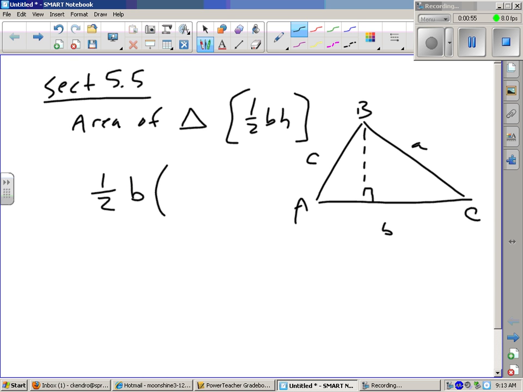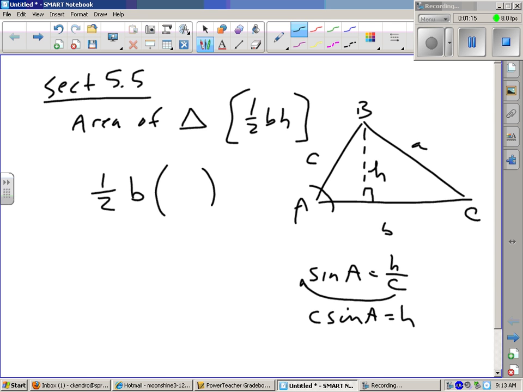Now, if I'm looking at angle A, this height, I could say the sine of A is equal to opposite h over hypotenuse c. So if I isolate the h, move the c over here, I get c sine A for the height. So base times height here would be c sine A.